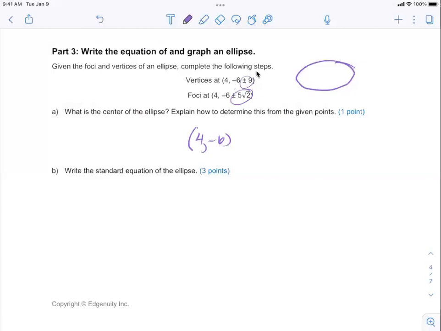So we know that A equals 9 and C equals 5√2. Those are the extra distances up here that are added on. We also know that C squared is equal to A squared minus B squared.